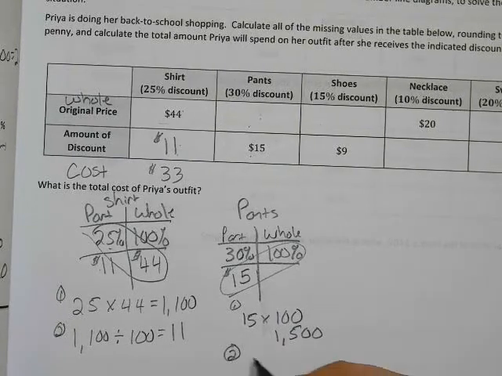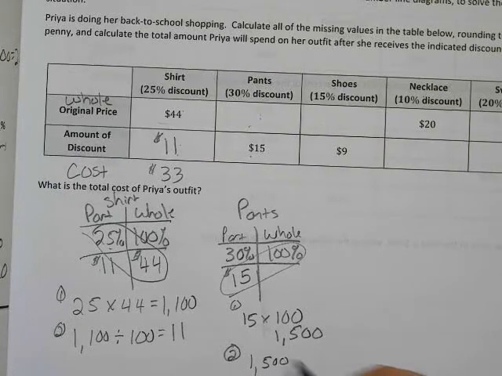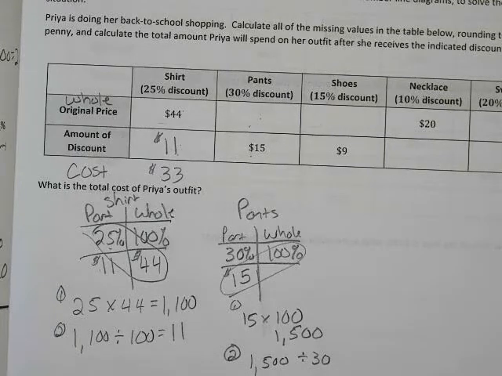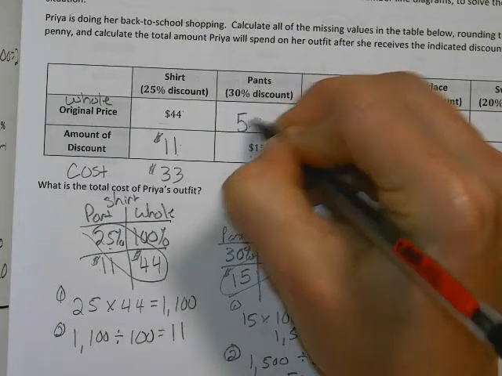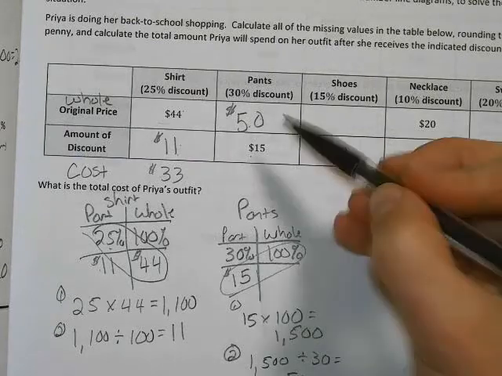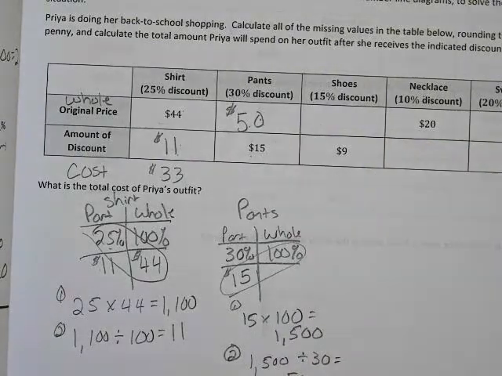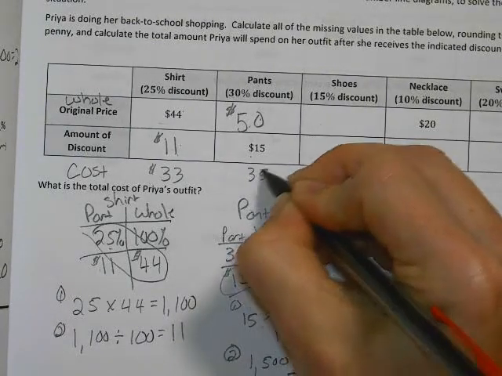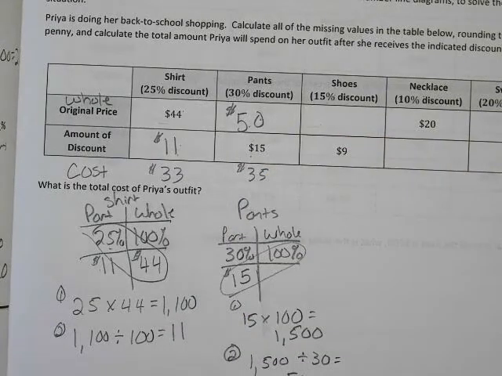Then I divide, that's 1,500 divided by 30. 1,500 divided by 30 is 50. And that would mean my original cost was $50. And if I took 50 minus 15, that would mean she would have to pay $35.